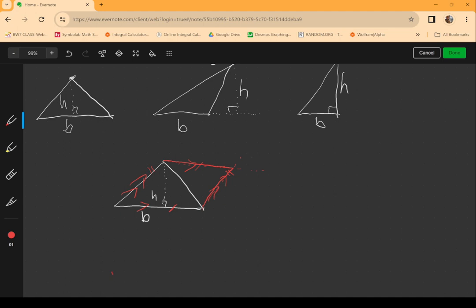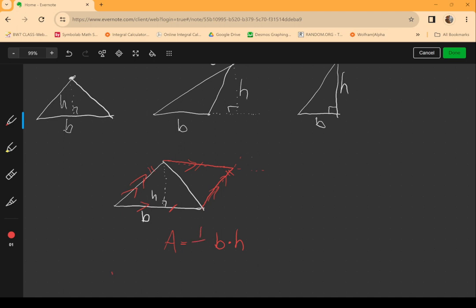Okay, so what happens here, I know the area of the parallelogram is base times height, but I'm not taking into consideration the parallelogram. I'm taking into consideration the triangle, which is half of a parallelogram.